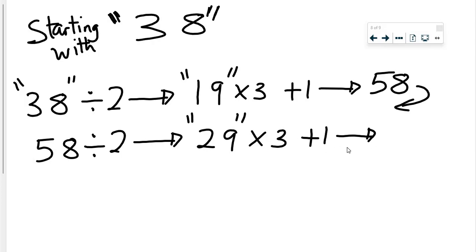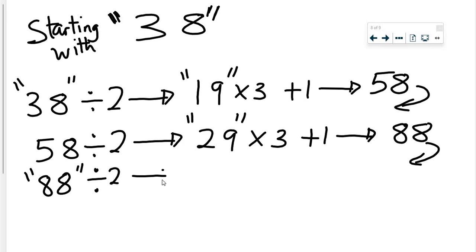What do you get? When you do 29 into 3, add 1, you get 88. 88 is an even number. You need to divide by 2. What do you get? You get 44.